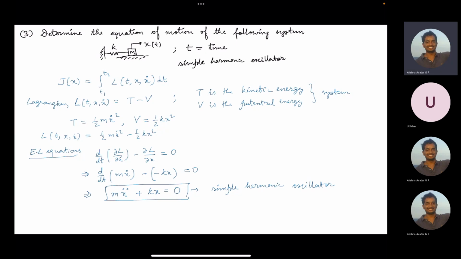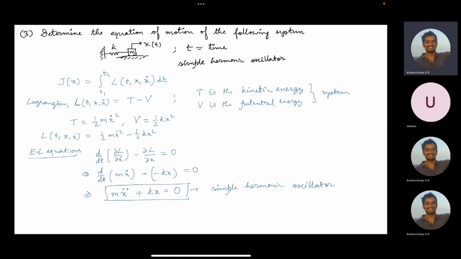Now, to describe the motion, our aim is to determine the equations of motion. So let's first construct the functional, which is to extremize the integral from t1 to t2 of L of x and x dot, where we often use a dot to denote differentiation with respect to time.